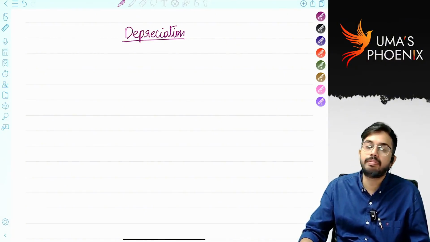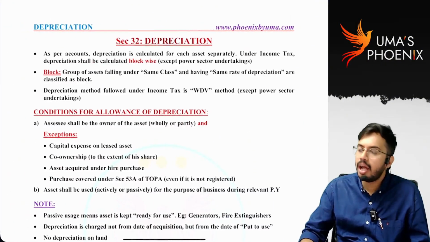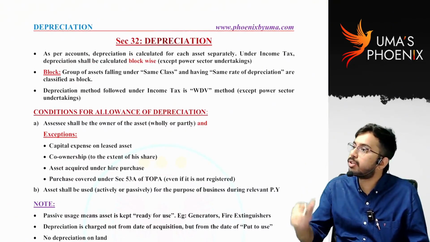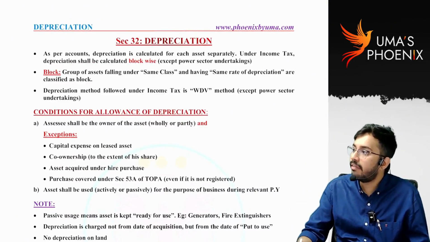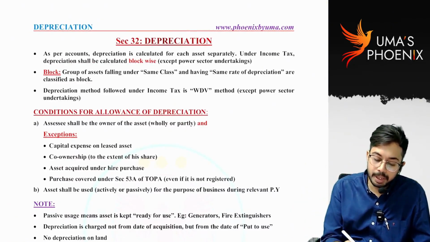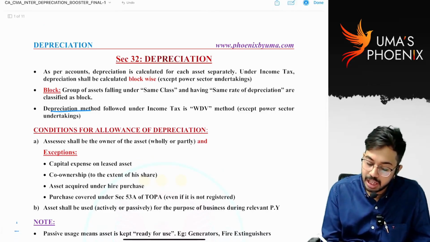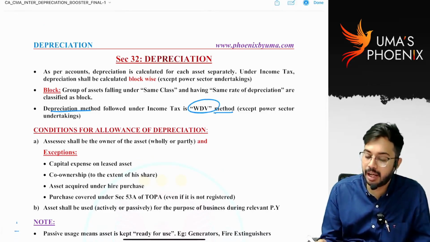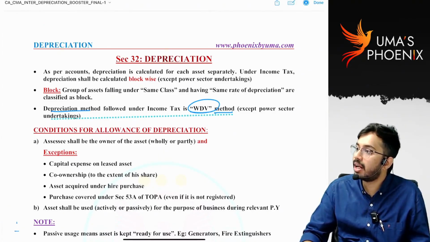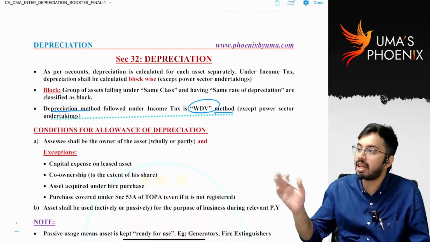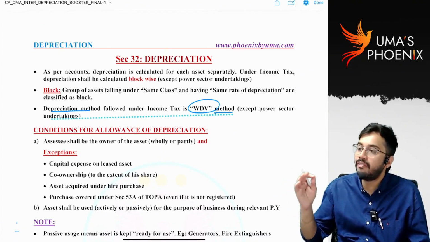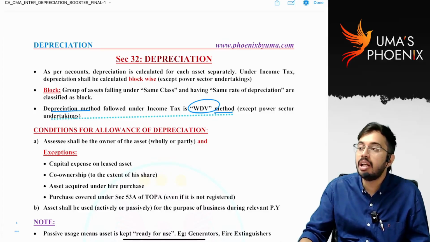Next. Under accounts, there are various methods to calculate depreciation. However, under income tax, the depreciation method that is used is the written down value method, except in case of power sector undertakings that I am going to discuss. Other than power sector undertakings, the method of depreciation followed is the written down value method.